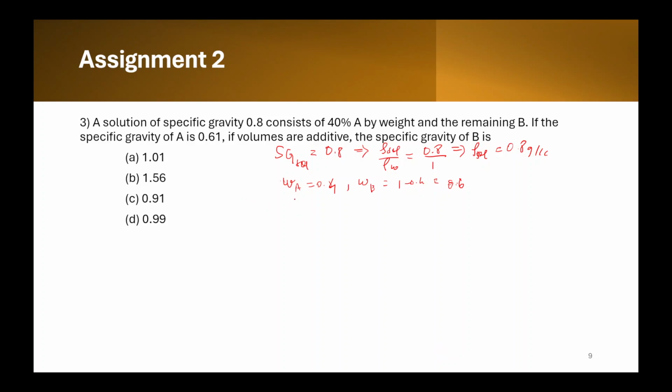The specific gravity of A is given, 0.61. So again, the rho of A, from the same logic, will be 0.61 gram per cc. What we need to find out is SG of B or rho of B basically. So we don't know that.